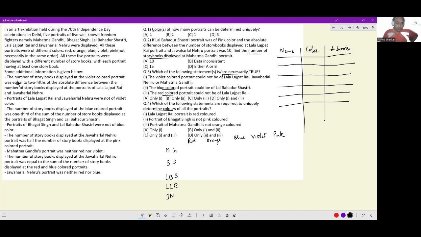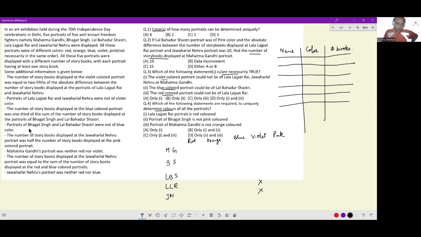Let's get to it. The number of storybooks displayed at violet colored portrait. This is about book numbers. Leave it. Portrait of Lala Lajpat Rai and Jawaharlal Nehru were not of violet color. So these 2 are definitely not violet. Next, the number of storybooks displayed at the blue colored portrait was 1/3 the sum of the number of storybooks displayed at the portraits of Bhagat Singh and Lal Bahadur Shastri. Don't really know.